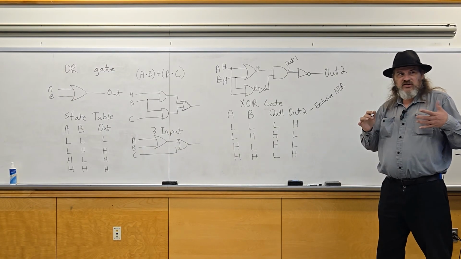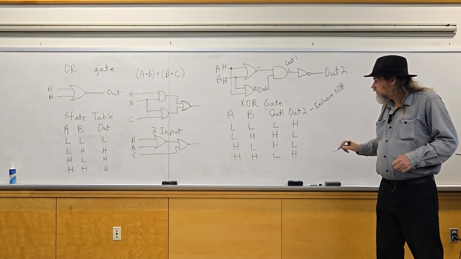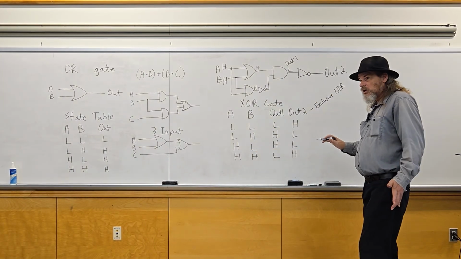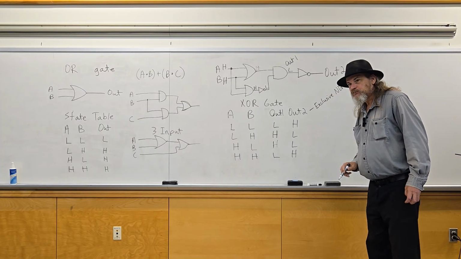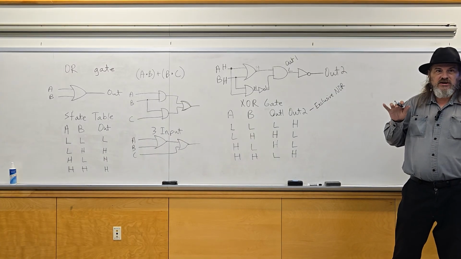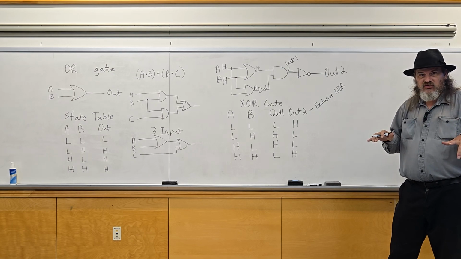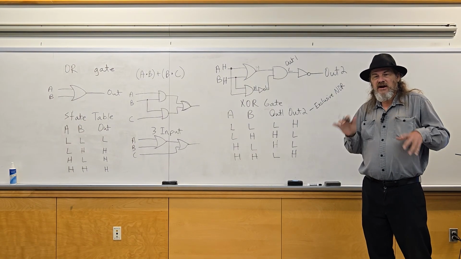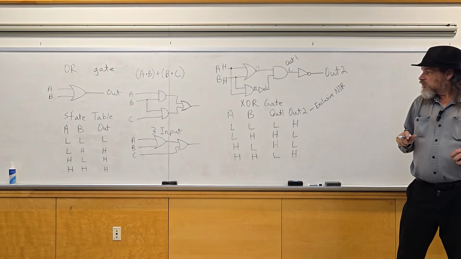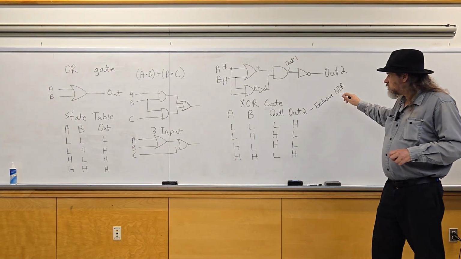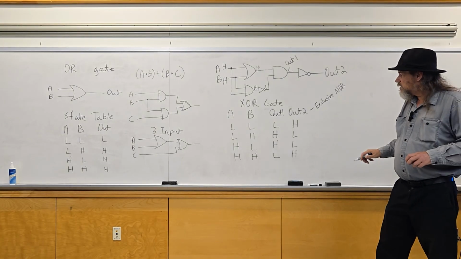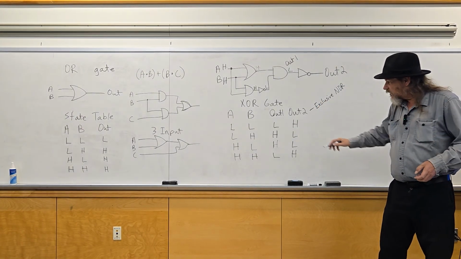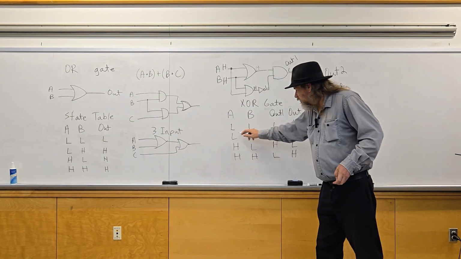This has an interesting property: if A and B match, high or low, the output is high. So if you have a series of bits and you want to compare bits or values, binary values, you can use the exclusive NOR gate, and if it's high, they match. If it's low, then A and B are different.